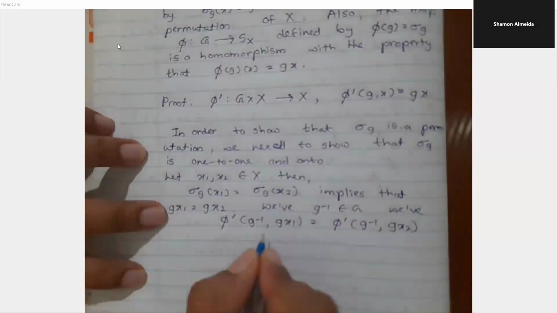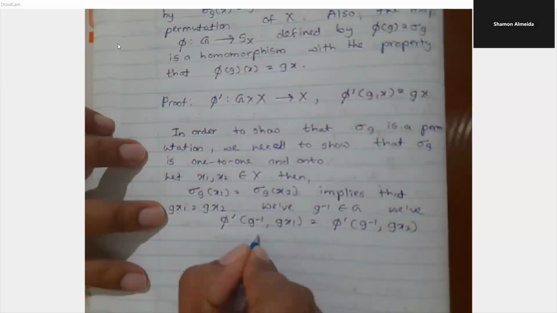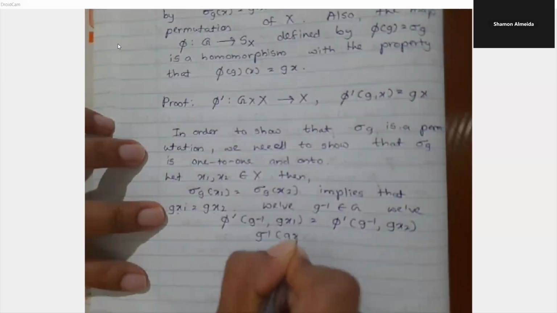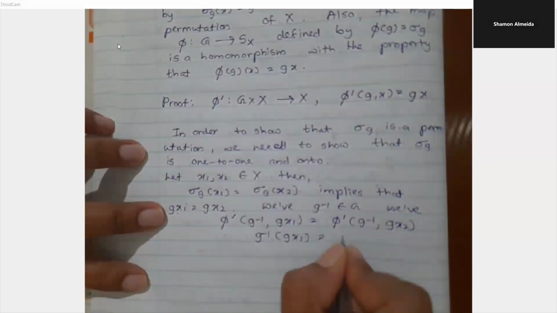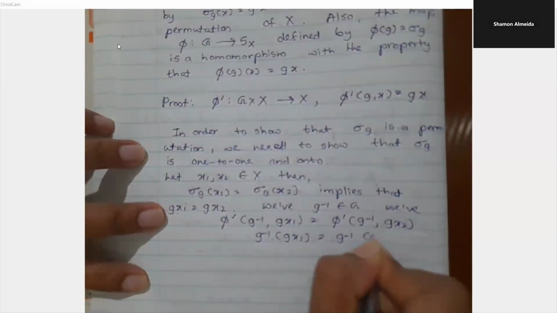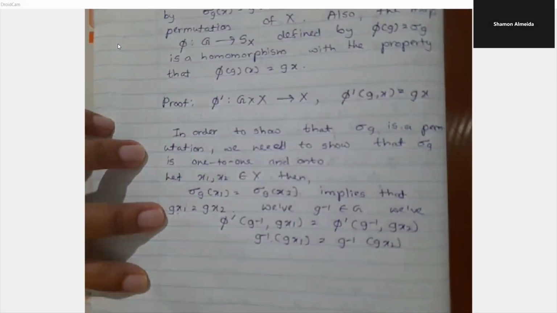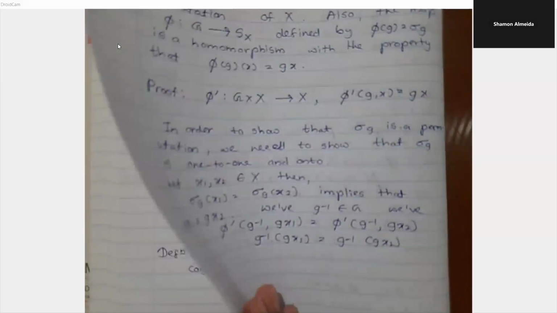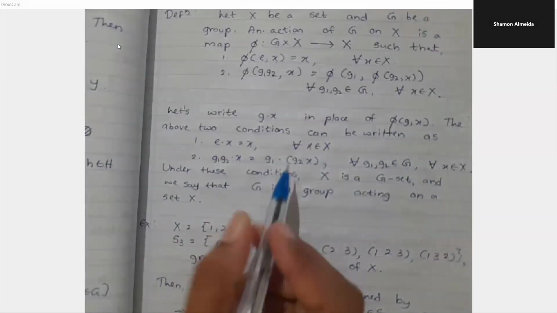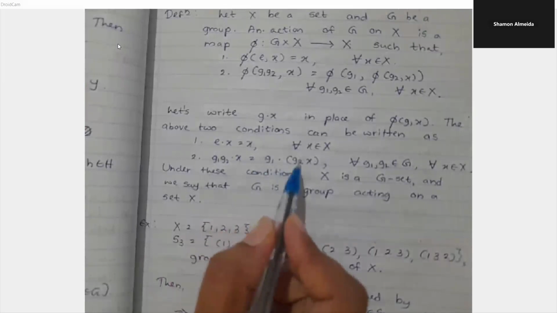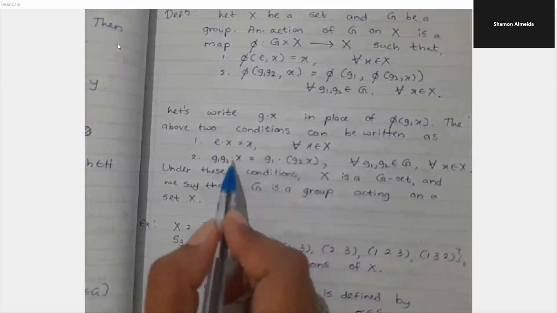Now, because this is a group action, we will simply use its definition and the two properties. This is equal to g inverse dot gx1, and this is equal to g inverse dot gx2. The second property of the group action tells you that when you have g1 times g2x, you can write it as g1g2 times x.